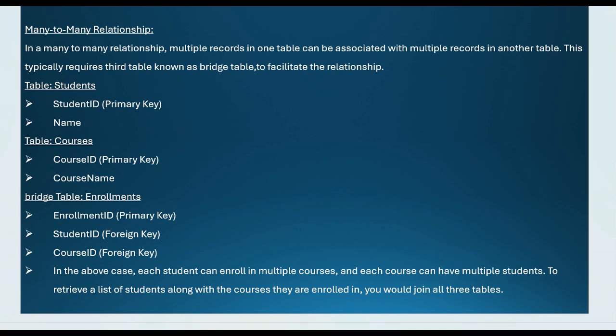You can see the student table, course table, and enrollment table. In this case, each student can enroll in multiple courses, and each course can have multiple students. To retrieve the list of students along with the courses they are enrolled in, we have to use joins.